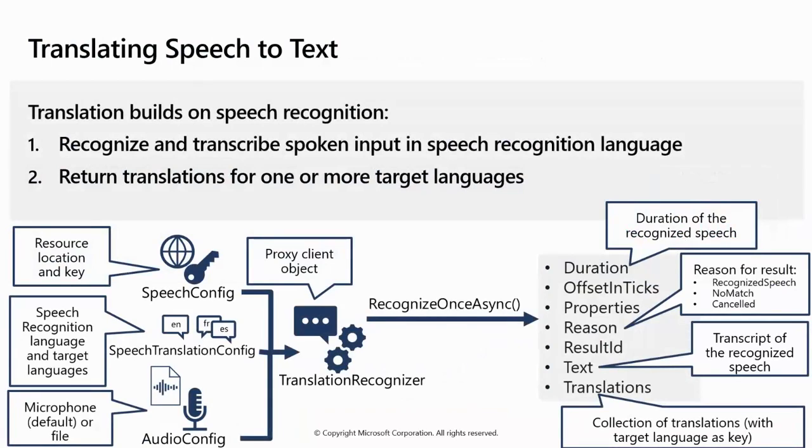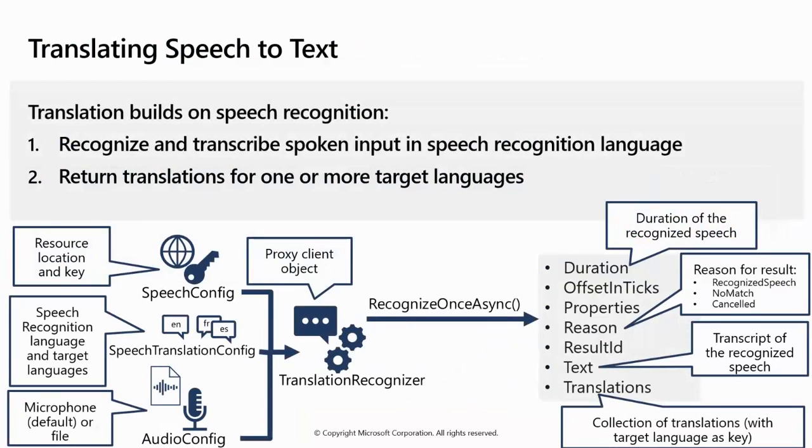Once again, we have this little diagram, and first of all, we need to use the SpeechConfig object to hold the information you need to connect to your speech resource, specifically the location and the key. Then we need the SpeechTranslationConfig object to set the speech recognition language and the target languages in which it should be translated.